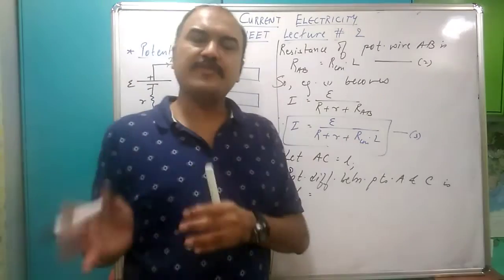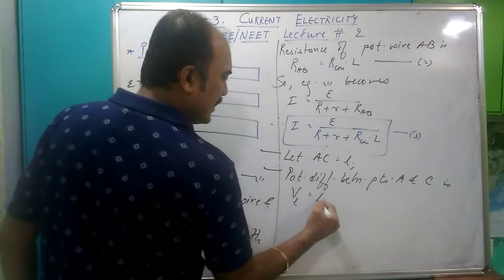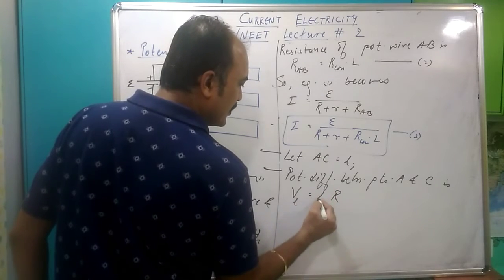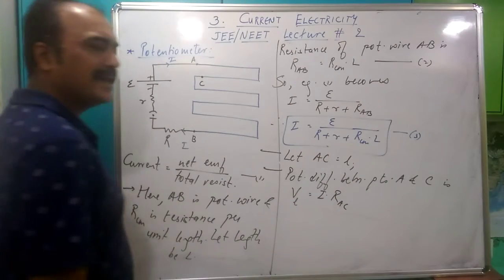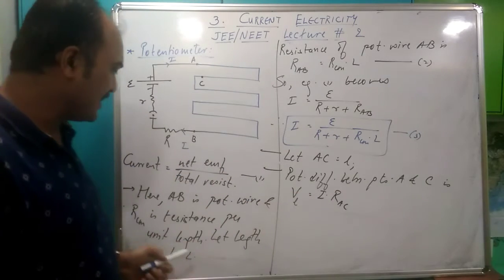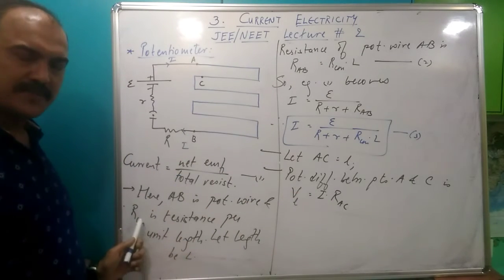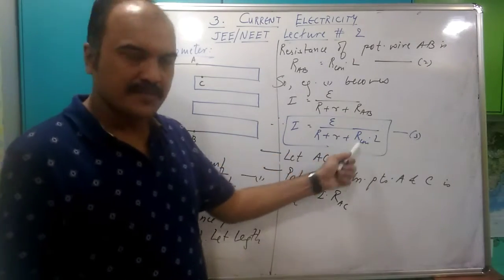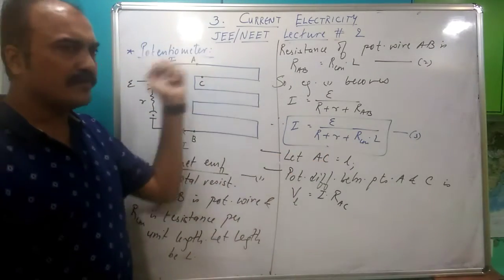You know, potential difference is IR. So this is I into the resistance of the part AC. First things first. For the entire wire, we have said the resistance per unit length is RCM. So if the resistance of the whole wire of length L is RCM into L, what would be the resistance for length l of the wire?